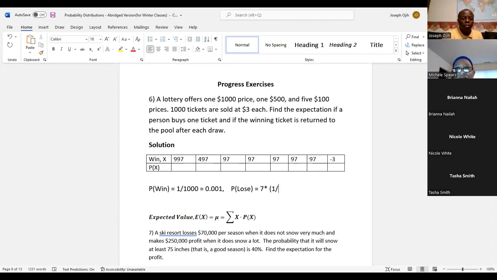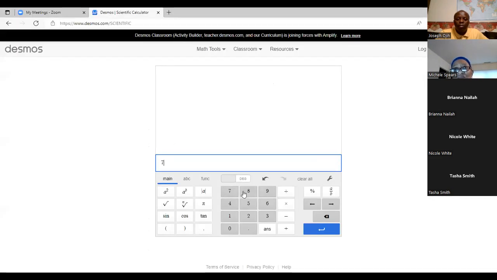For each of them, we have 1 over 1,000 chance of winning, so it's like saying 7 out of 1,000.